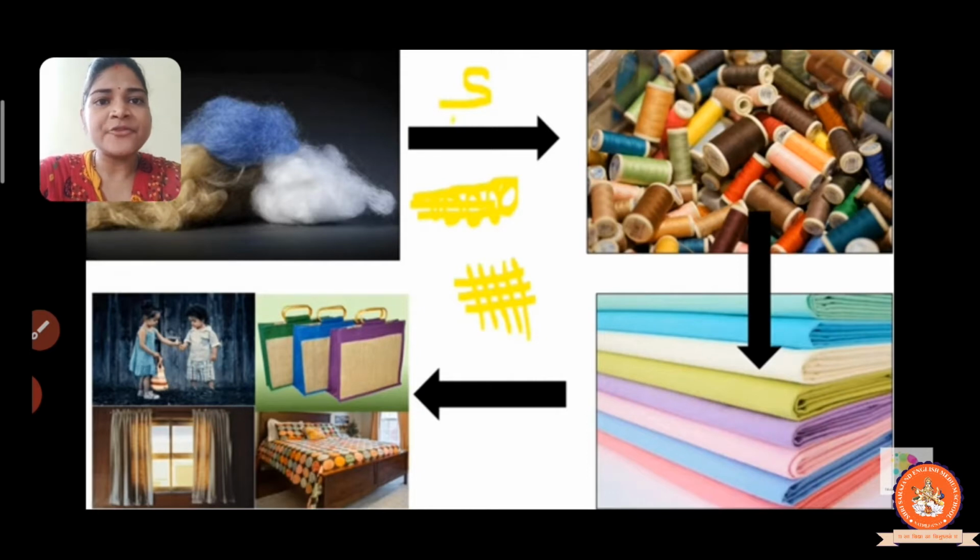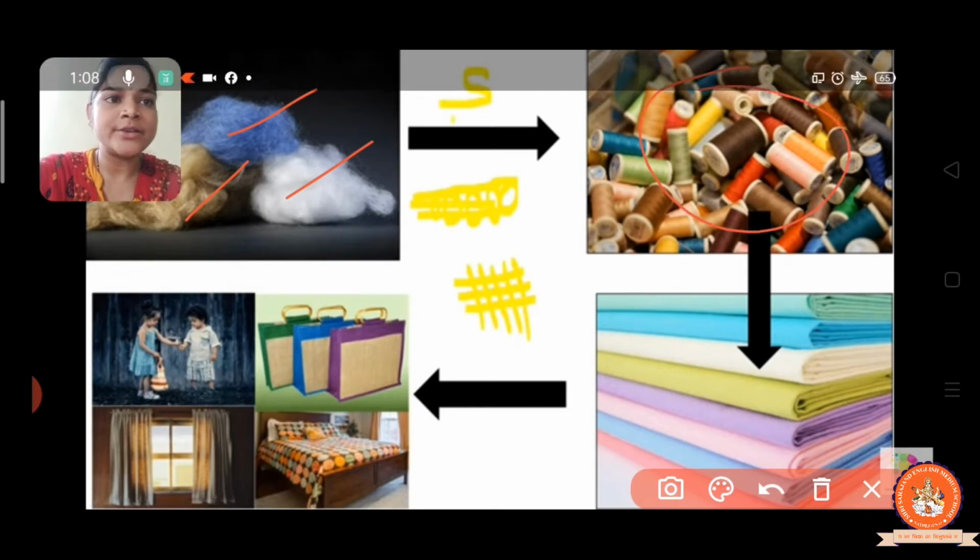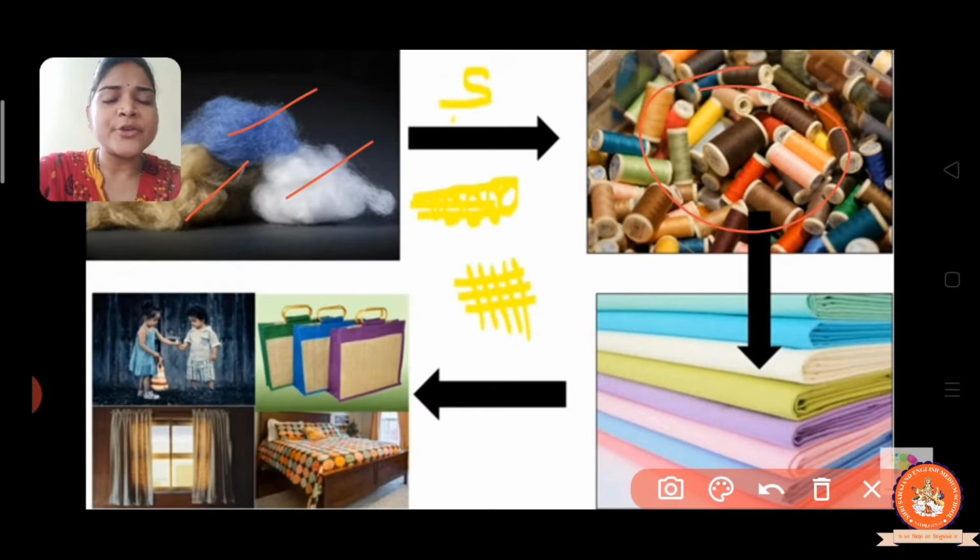See, here the fiber is given to you in this figure, which is obtained from plants, animals and chemicals. And it is converted into yarn. So this is yarn, and you must have seen yarn at your home, which your mother uses.